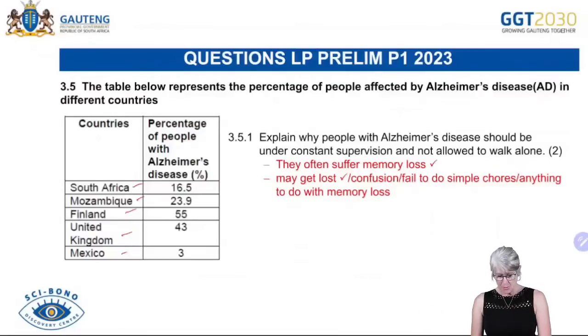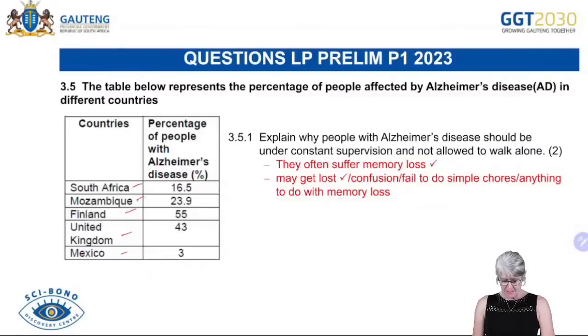All right, so when I work out my scale on my y-axis, which is going to be my dependent variable, the percentage of people with Alzheimer's, I can't use the numbers that are in the table, because then my graph is not going to show the picture that it should.